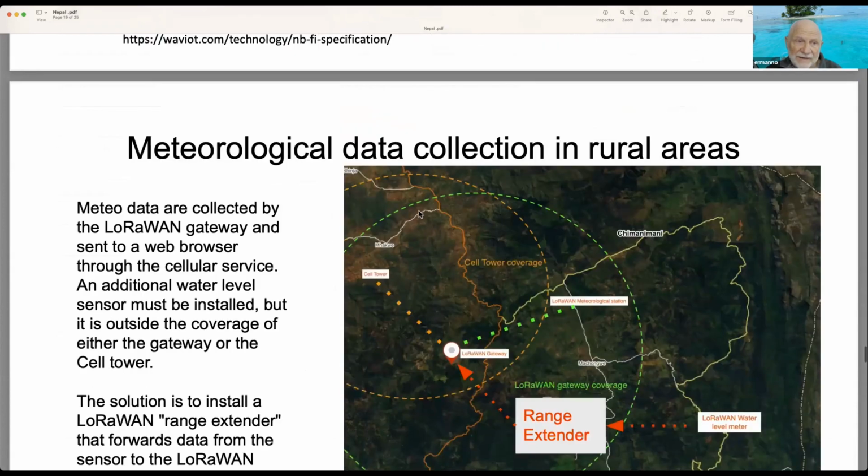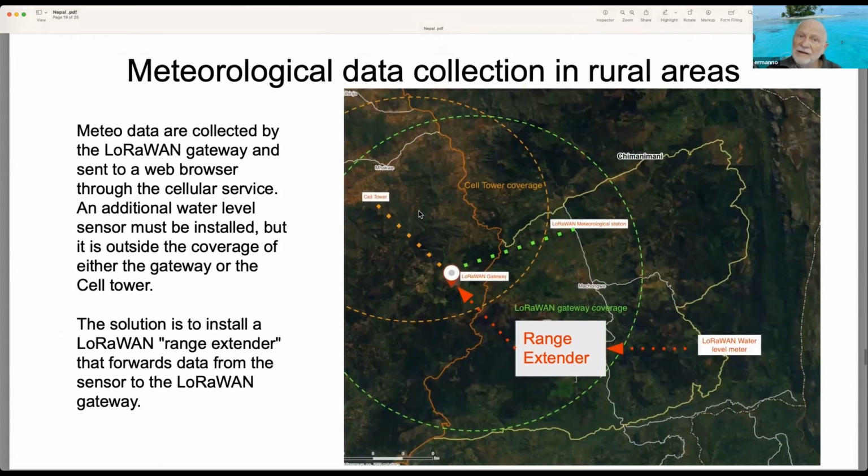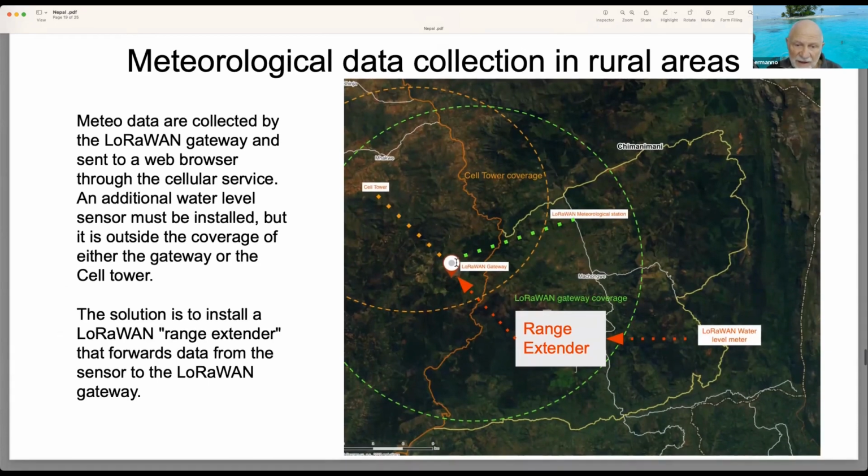An example of that is meteorological data collection. And we have done that in many countries. This is an example of an application in which we have a LoRaWAN gateway that is meant to receive meteorological data from a meteorological station. In this case, you can see that the meteorological station is outside the area of coverage of the cellular service provider.